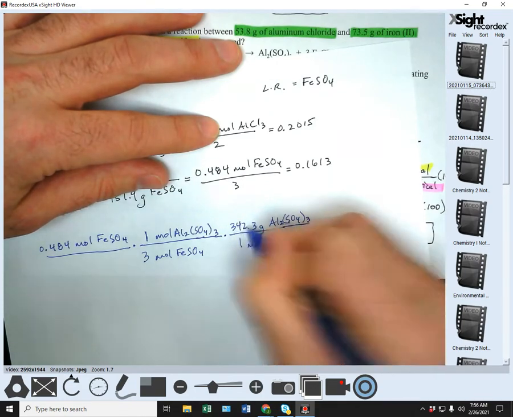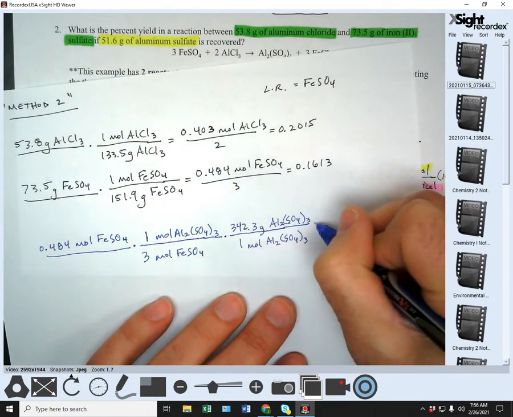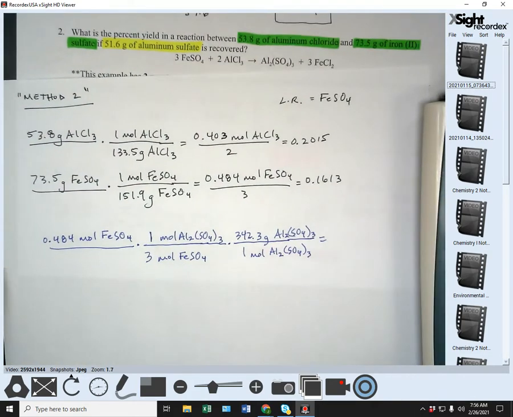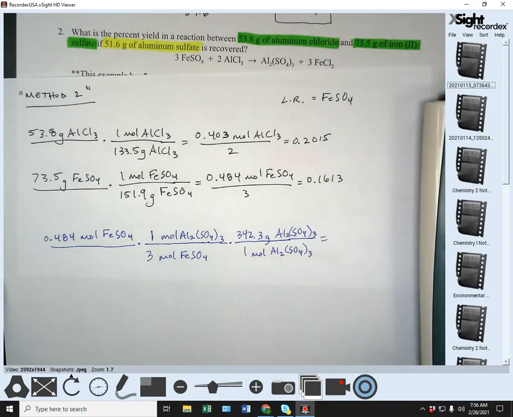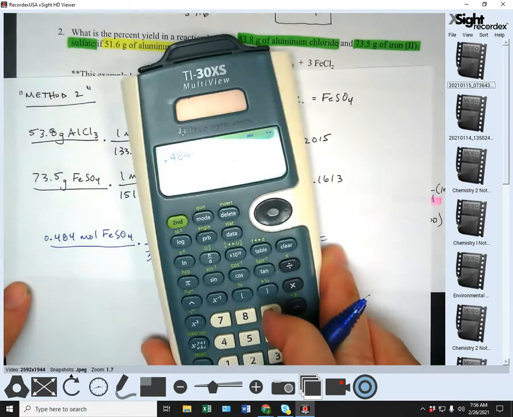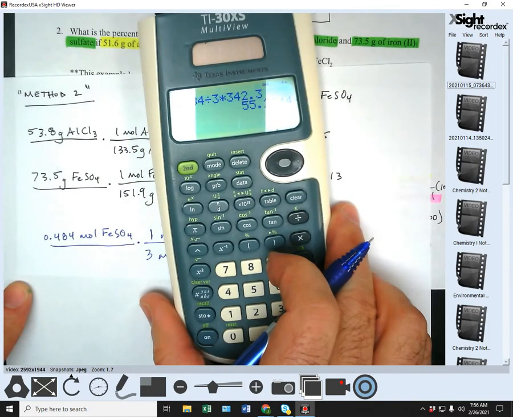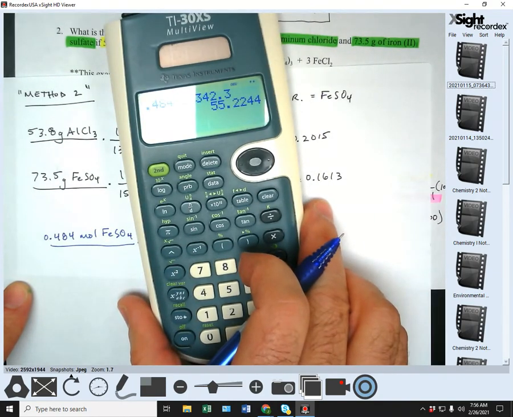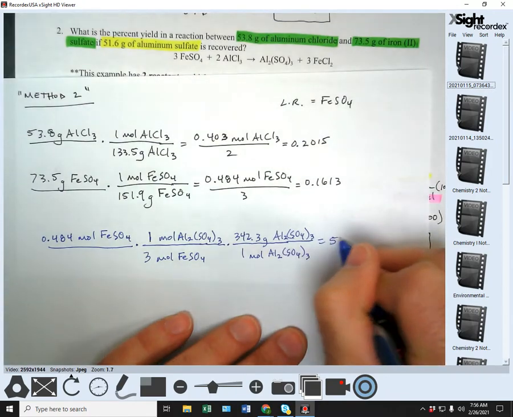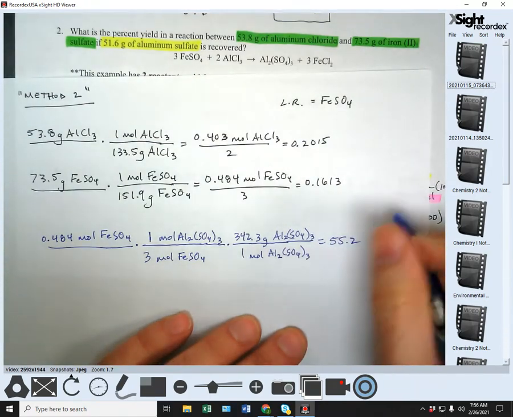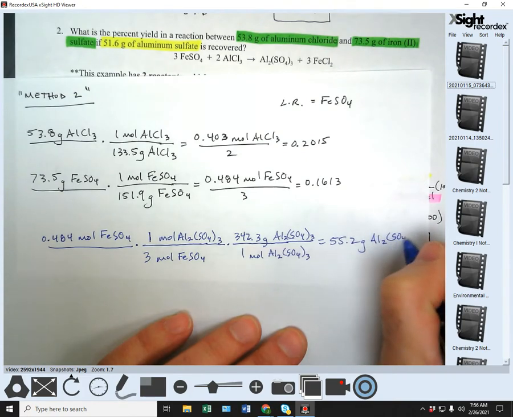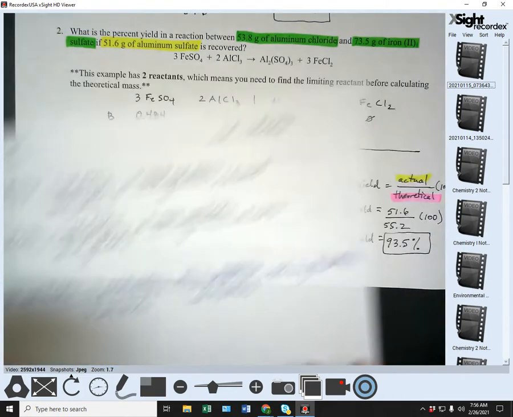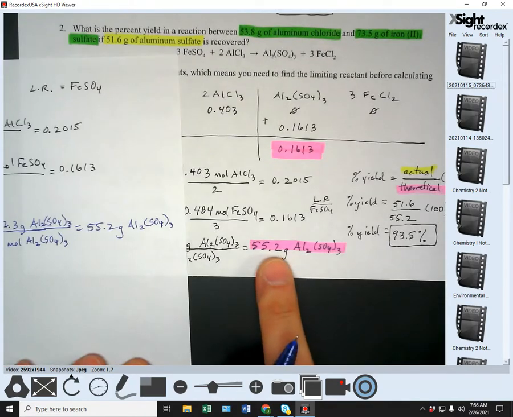Okay. And watch what happens when we do the math on this. 0.44 divided by 3 times, we get 55.2. Which was our theoretical, right?